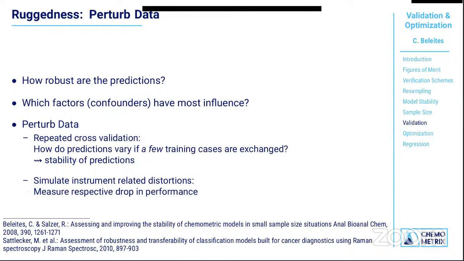We can go even further and say we can perturb our data deliberately in order to check what this does with our model. This is done in deep learning, so would have probably been part of the lecture tomorrow, which we unfortunately don't have. But you can also do this with all kinds of instrument data. For example, I've been working with Raman spectroscopy, where the stability of the excitation laser is very important.